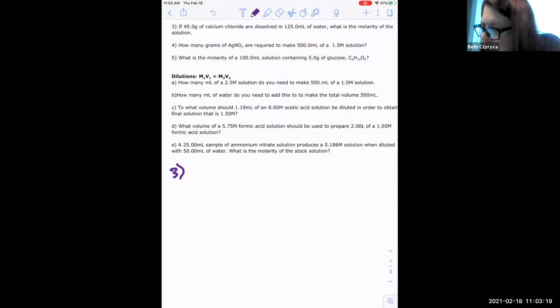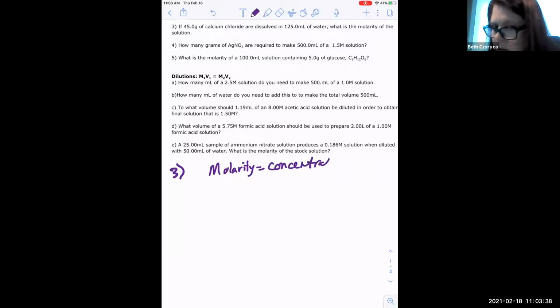it says if 45 grams of calcium chloride are dissolved in 125.0 milliliters, what's the molarity of the solution? So to refresh your memory, molarity expresses concentration, which is how strong or weak a solution is. We have a solute that's dissolved in a solvent, which is always water in our case here.